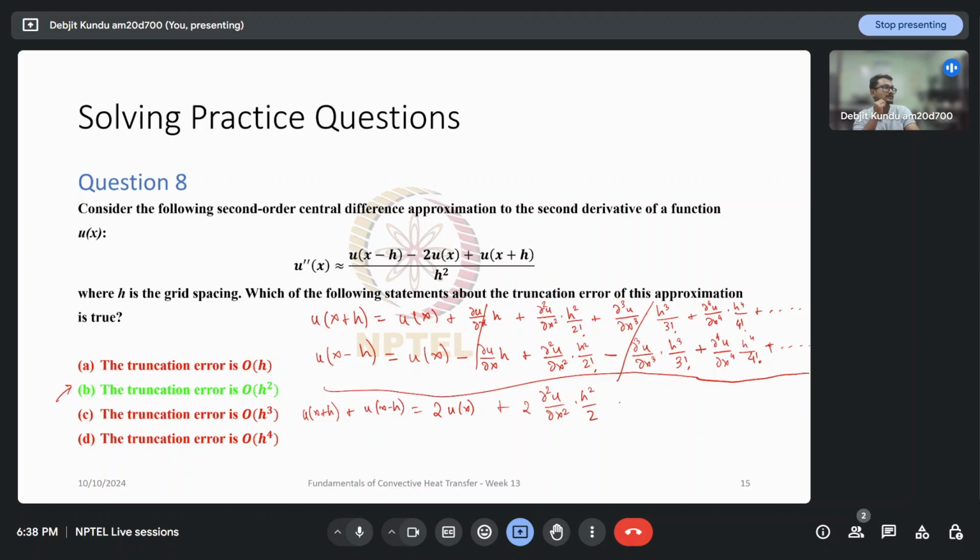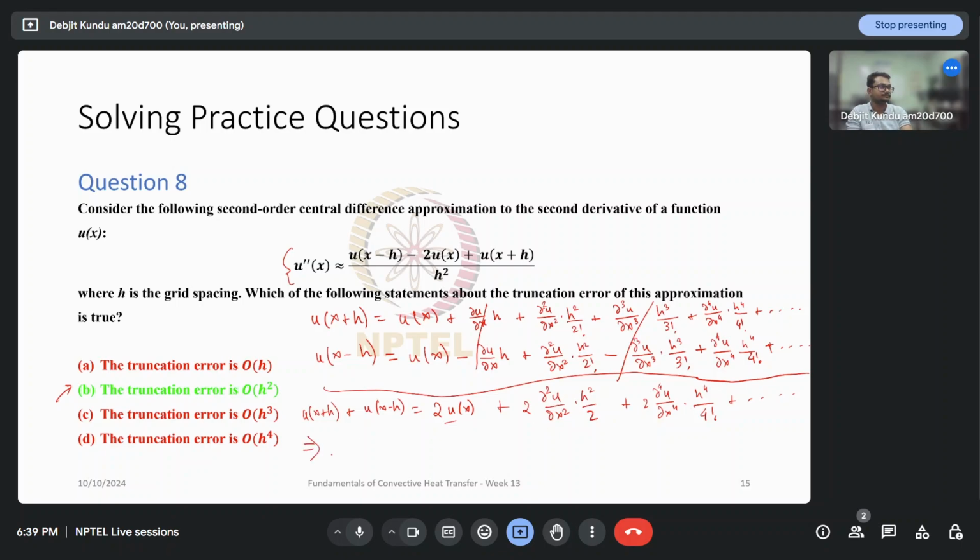Then these two terms will cancel out, and here we will have 2 into the fourth order term into h power 4 by 4 factorial and so on. Now we will move this term to the left and divide everything by h square, because that's what gives us this second derivative, right? We can get it from here itself.